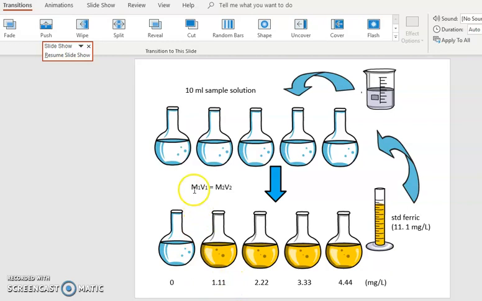We will use this formula. M1 is the concentration of the stock, which is 11.1. V1 is the volume that we intend to find out. M2 represents the concentration that we want to prepare, which in this case is 1.11. And V2 represents the total volume in this flask, which in this example is 50 ml.